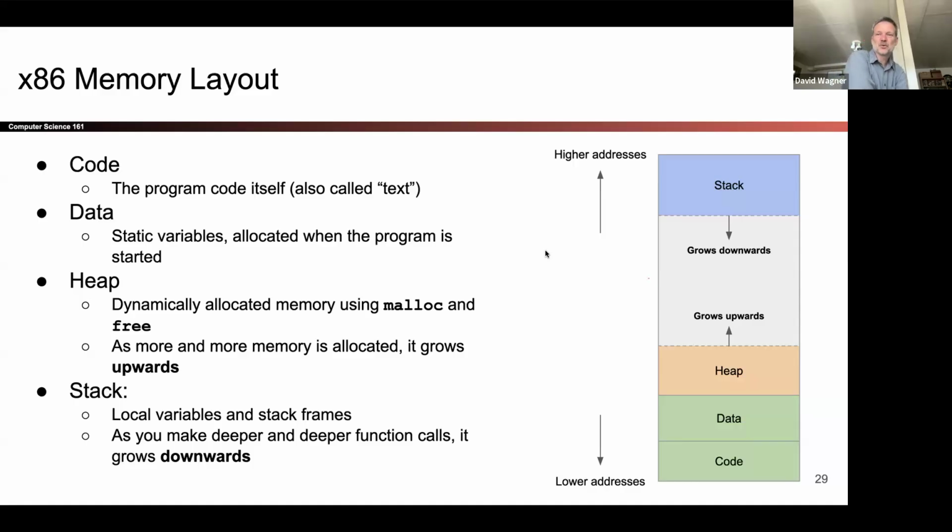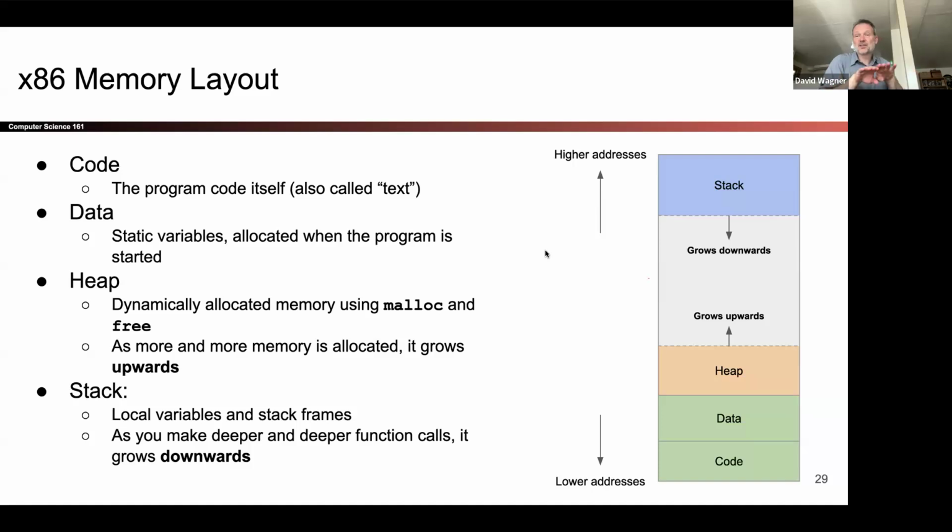So that's really useful if you want to store nodes of a linked list or of a tree, or any kind of data structure that might grow and shrink as the program runs, or variable size. The heap is a region of memory that grows upwards. The amount of memory in the heap that's used can increase and decrease as the program runs.